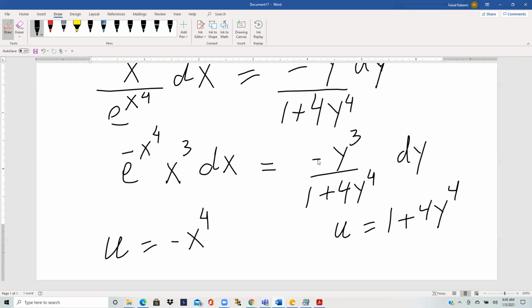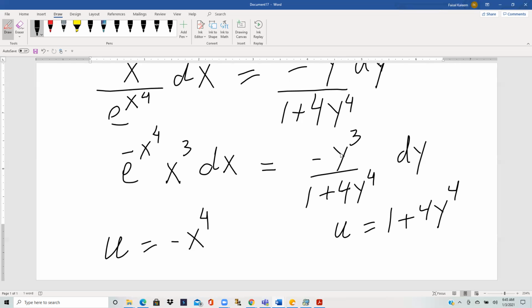So this would be negative 1 over 16 ln u, so negative 1 over 16 ln of 1 plus 4y^4. I'm quickly going over the integration because that's Calc 2. You're supposed to know that, but I'm just quickly reminding you of how you do that. So the integral here will be negative 1 over 16 ln of 1 plus 4y^4.